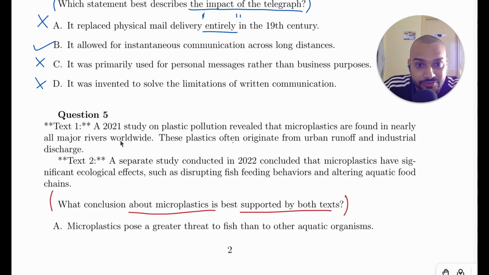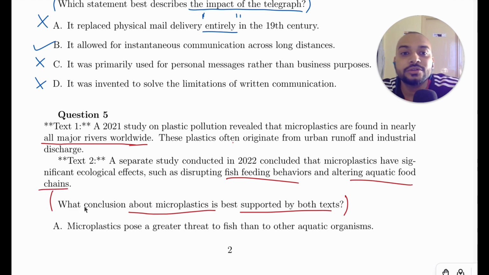In the first one, they mention that microplastics are found in nearly all major rivers worldwide. In the second text, it's saying they disrupt fish feeding behaviors and alter aquatic food chains. This means they both relate to water bodies. The first text also says that it affects the rivers. The second gives an extended description of the impact: it disrupts fish feeding behaviors and alters aquatic food chains.